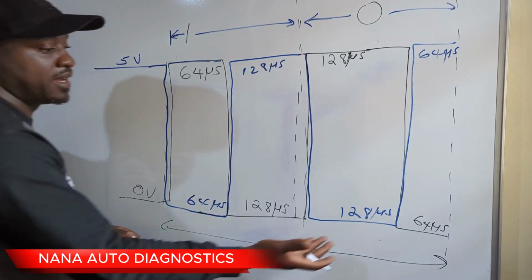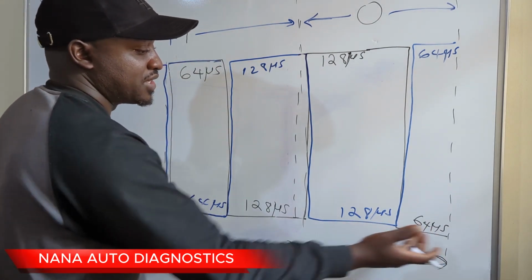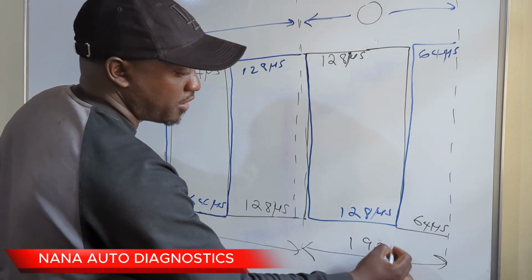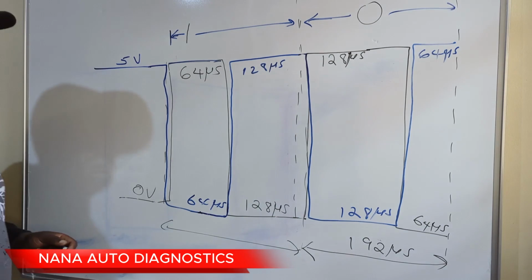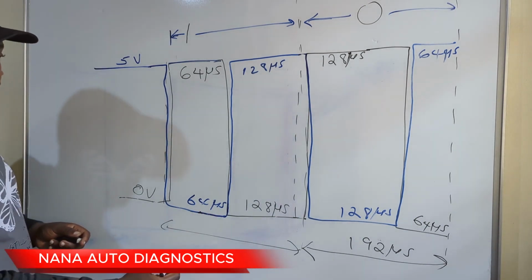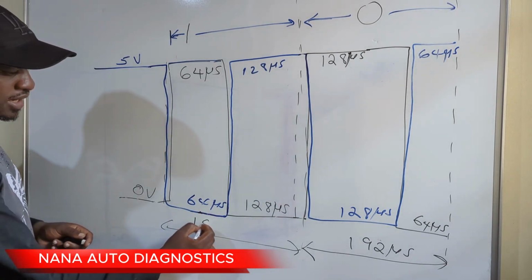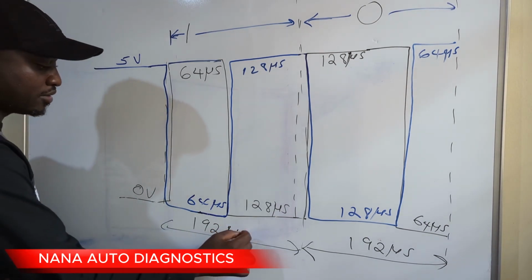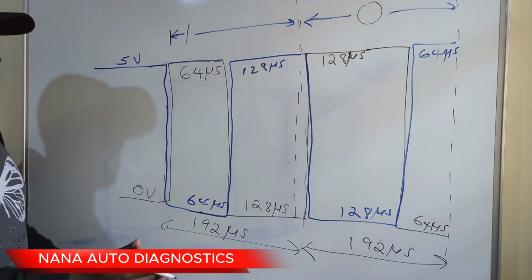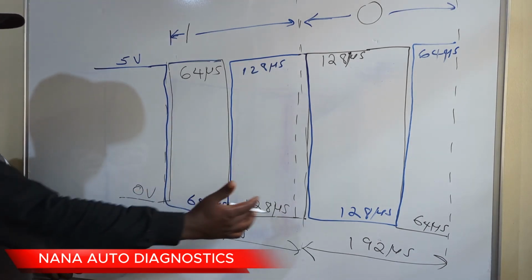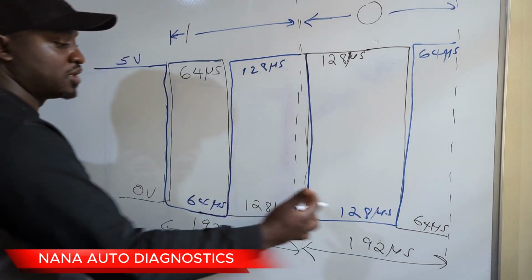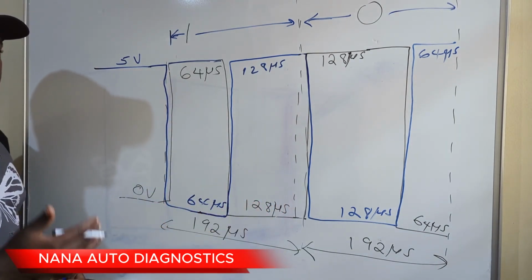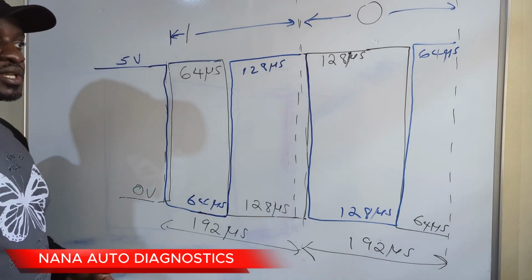Here the time difference is the same, 192 microseconds. And also here it is the same, 192 microseconds. So the frequency at which this communication is happening is the same. That's why it is called fixed frequency.